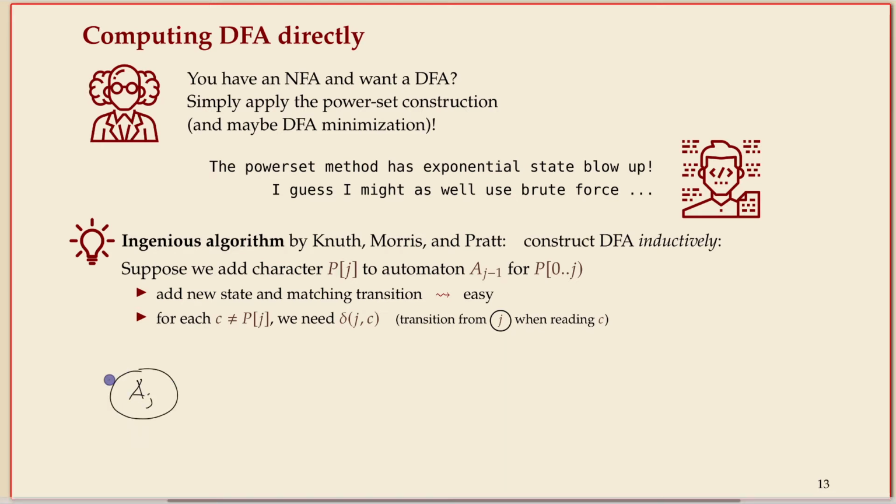So this previous automaton, sorry, for j-1, it will have states 0, 1 up to j-1. It will have this general shape, and it will have various arcs going back.